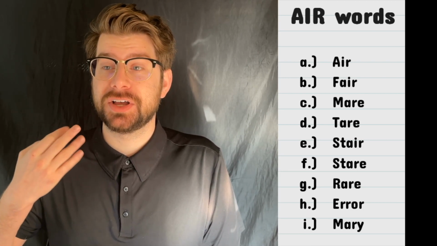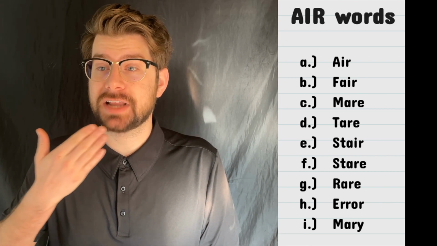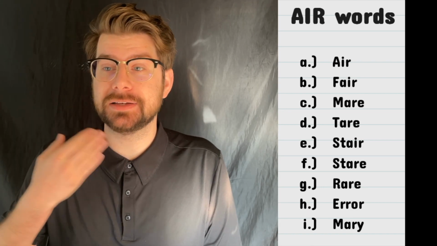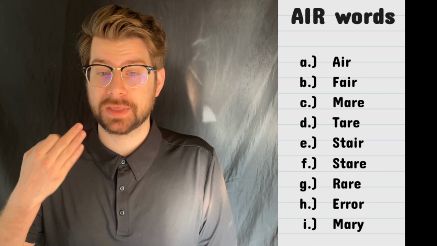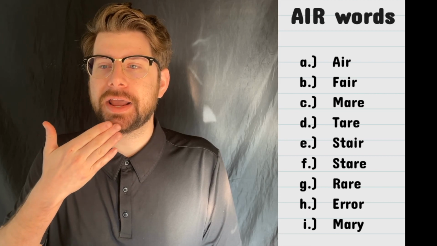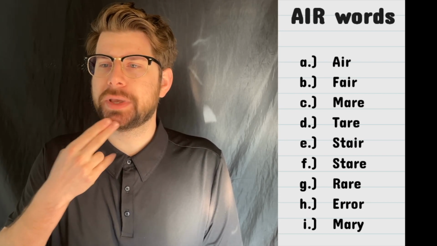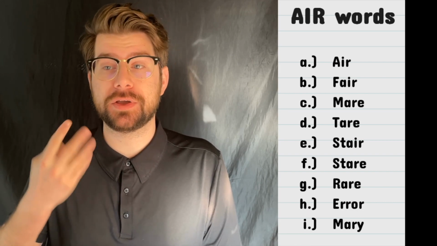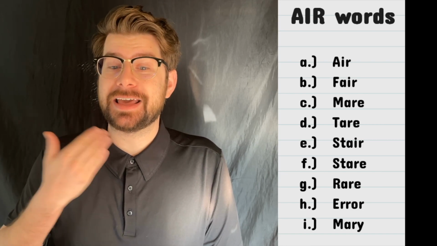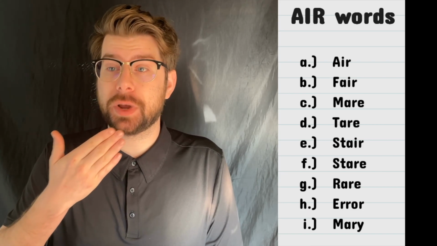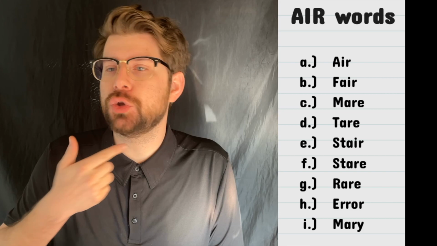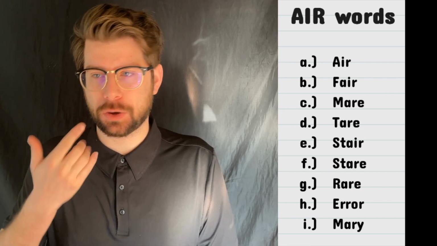Then we have stare, stare. Then we have stare another way, stare. Then rare. And then we have error. So you can see with error, I'm going from my chin to the mouth placement. If I were to break it up into air, er, you would go back out, but that's not how we talk.